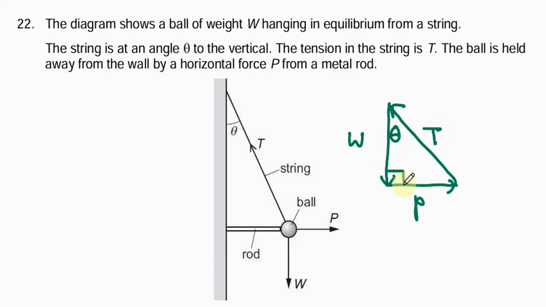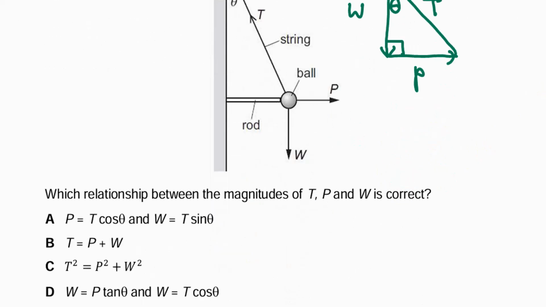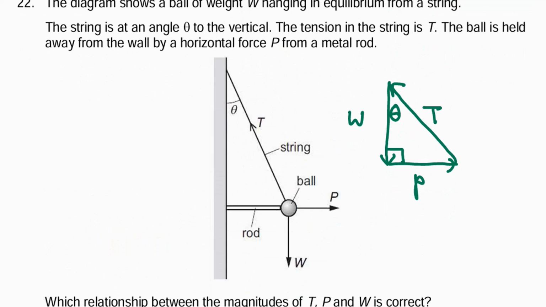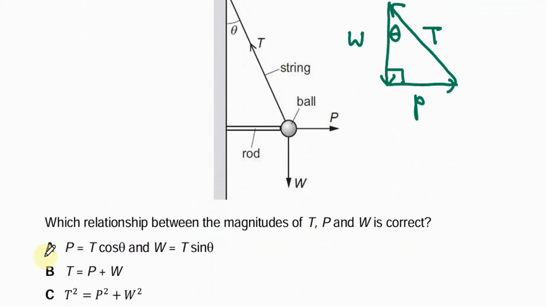This is 90 degrees. Now we can consider each of these options in turn. In A it says P equals T cos theta and W is T sin theta. So we have both P and W expressed in terms of T. Let's do that by using this triangle. So we need to express P and W in terms of T.